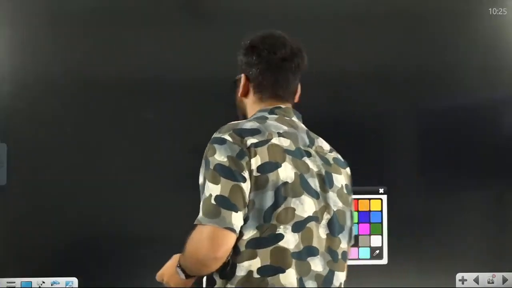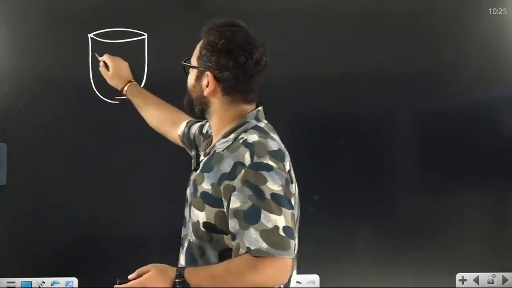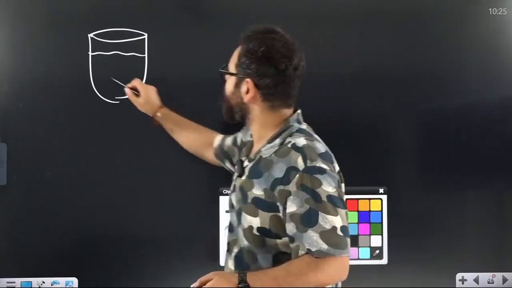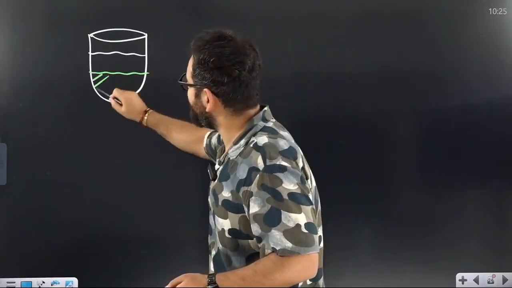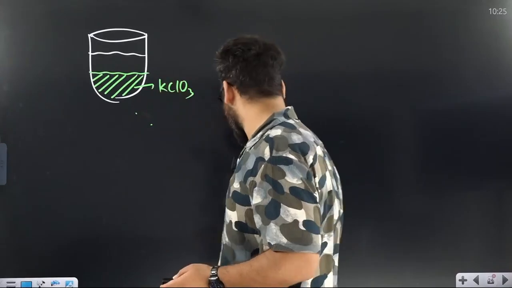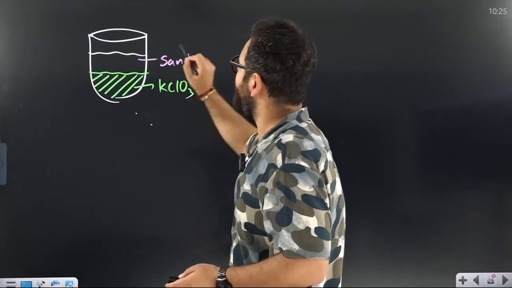Now they are saying you are taking a 50% pure sample. That means if I take this much sample, in it only half of it will be KClO3. Rest half sand will also be there.